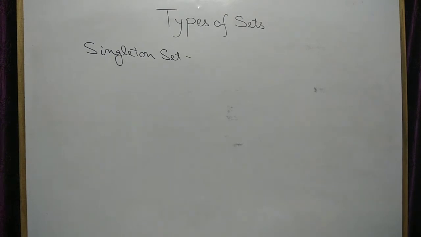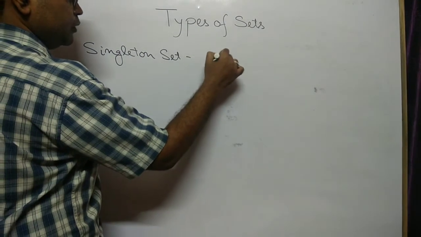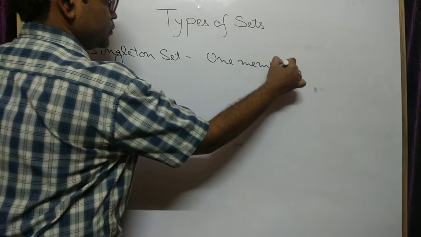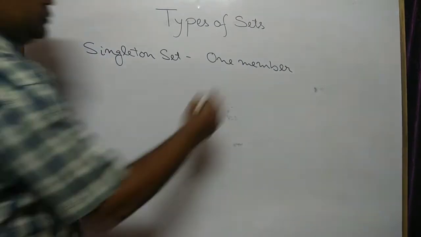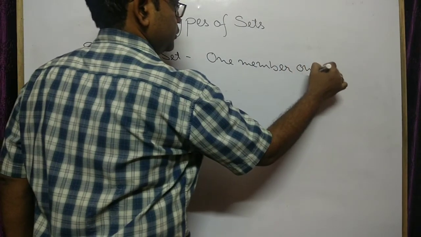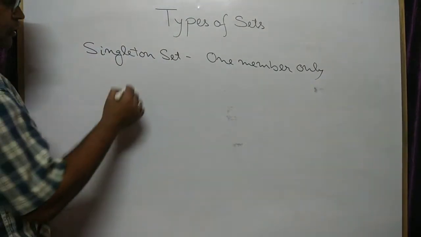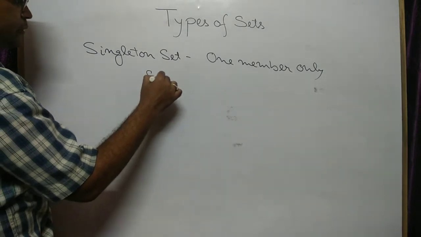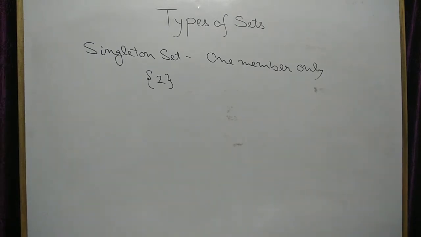As the name defines, a set having one member only is known as your singleton set. For example, the set of even prime numbers. As we know, the even prime number is 2. So this is a singleton set.